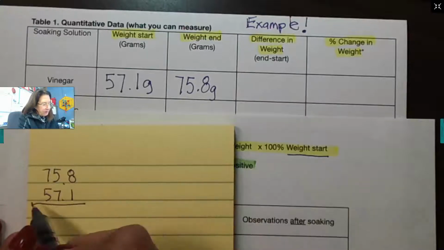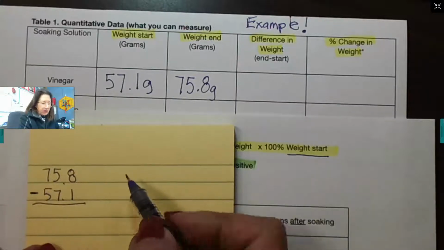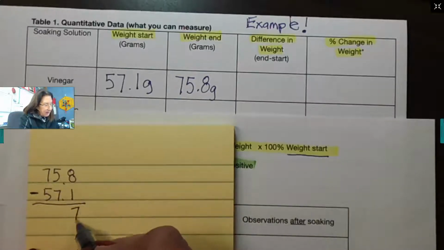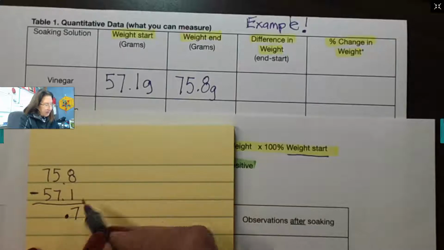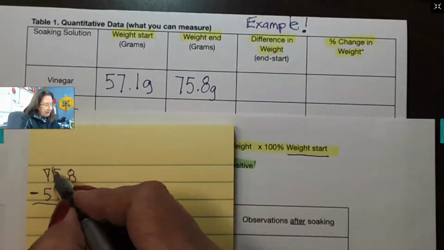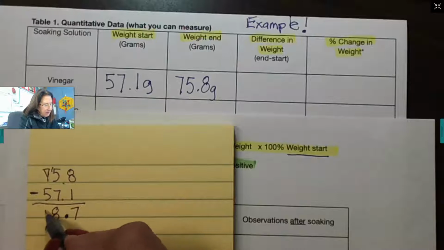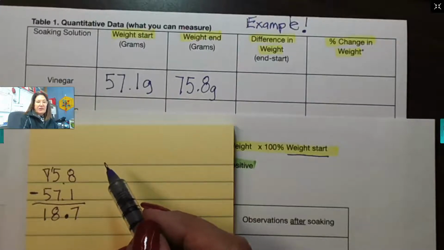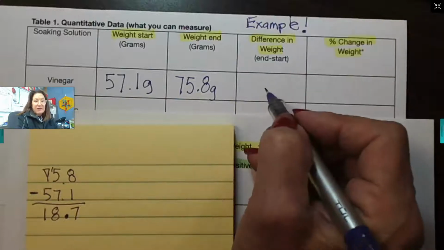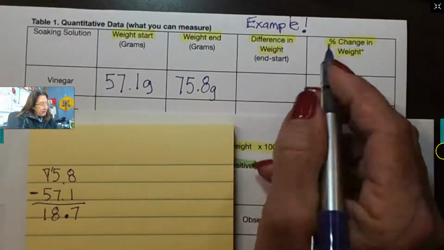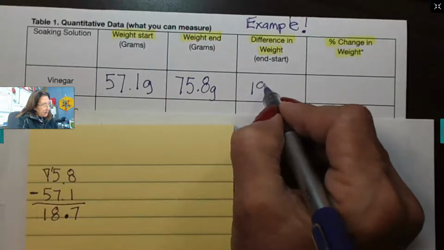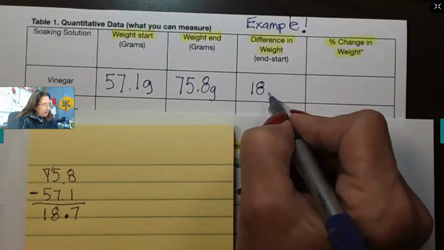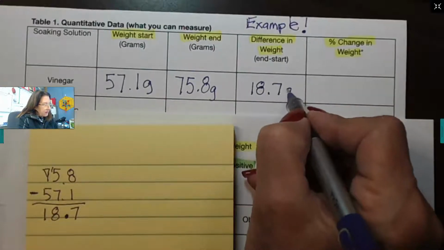So I'm going to subtract them. All right, so here I have a 7, bring down my decimal. This would be 8, and this would be 1, right? Okay, so that's my difference in weight, which I'm going to put right here. So it's 18.7 grams.